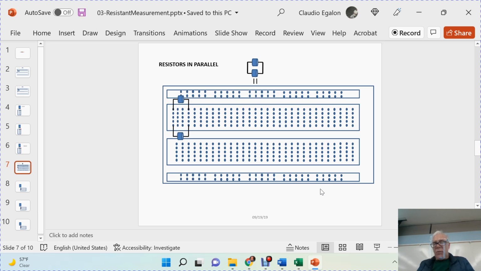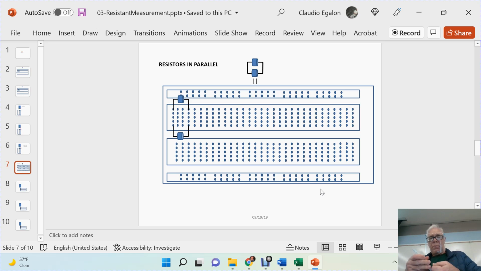How do you do that in your proto board? Just like the figure shows. You're going to put one end at one of the holes. The end of the other resistor is going to be in the same vertical column, right? You're going to connect the other end of resistor 1 at another hole, and resistor 2 at a hole of the same column.